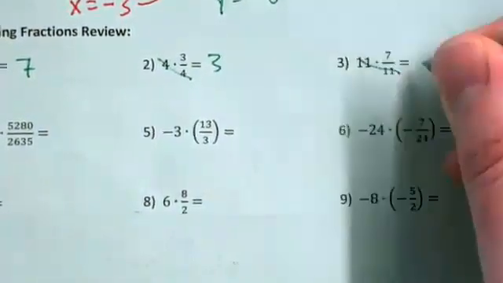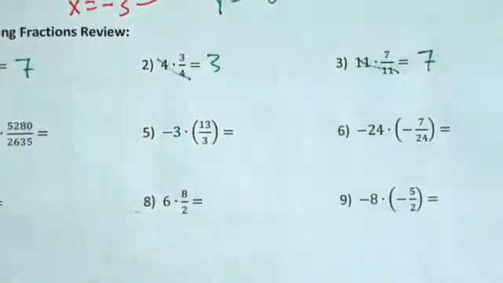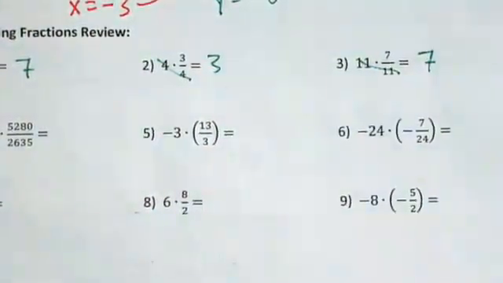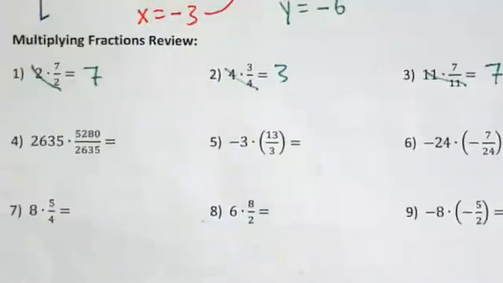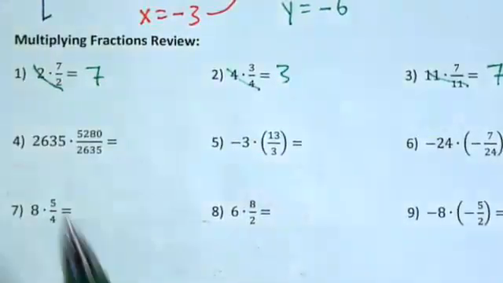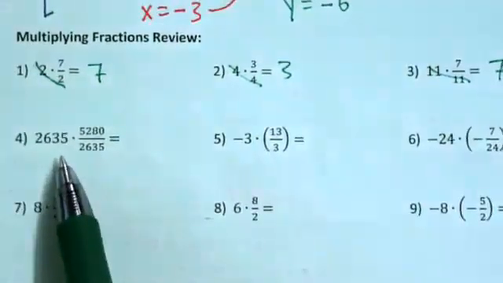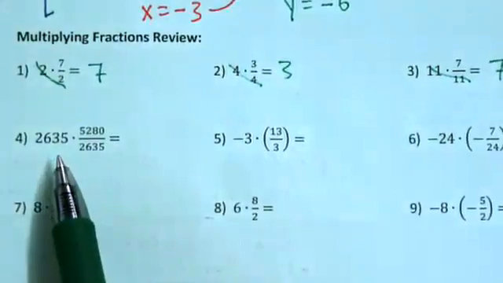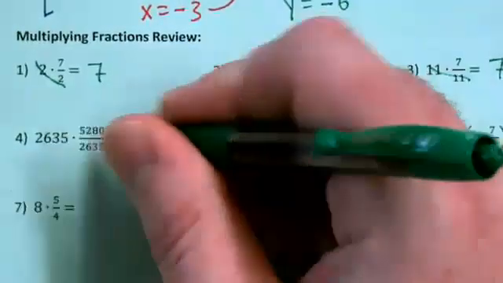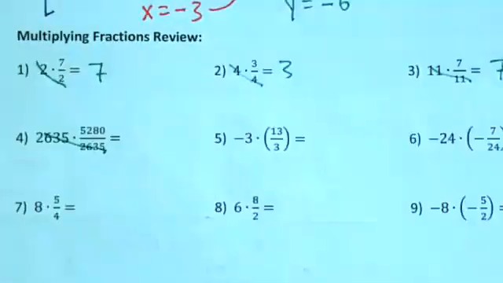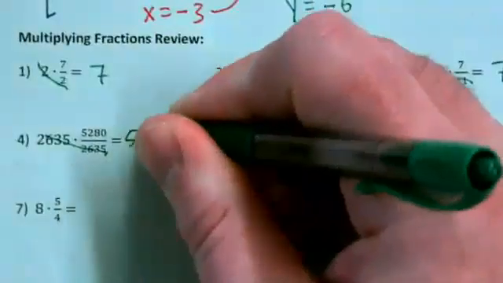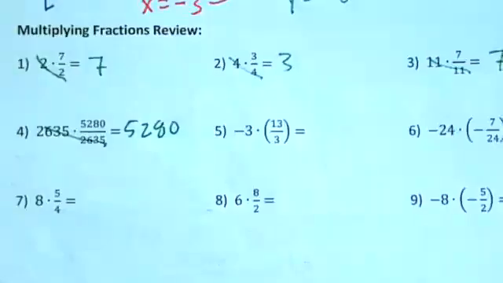That 11 and that 11 are just going to cancel, and it's going to be 7. Even if I make the fractions huge and nasty, like this one, it's really easy. You don't have to think too much about it, because this is the same as the denominator. Multiplication and division cancel. The answer is 5,280. Isn't this an awesome trick?